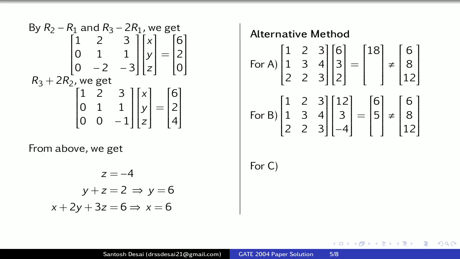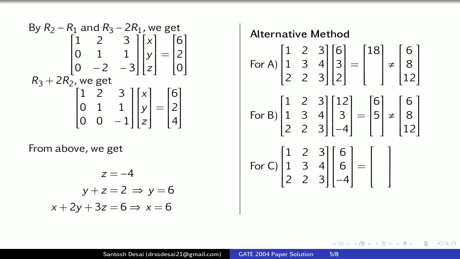And now consider option C. Again the given matrix, then the values of xyz and its multiplication: we will get 1 into 6, that is 6, plus 2 into 6, that is 12, plus 3 into -4, that is -12. So we'll get 6.